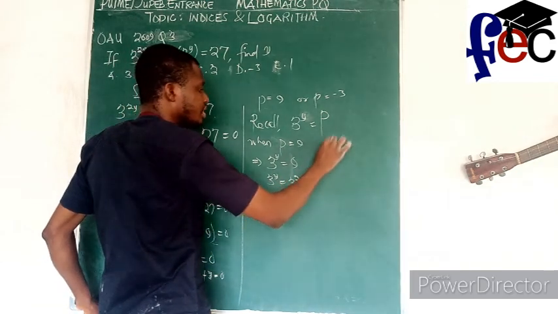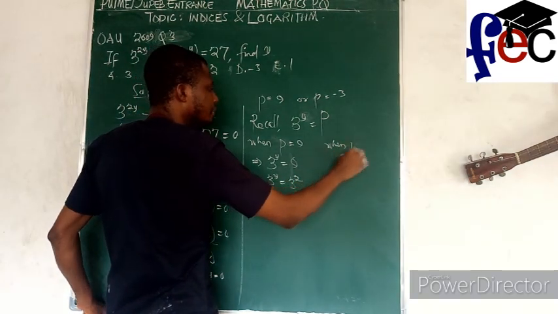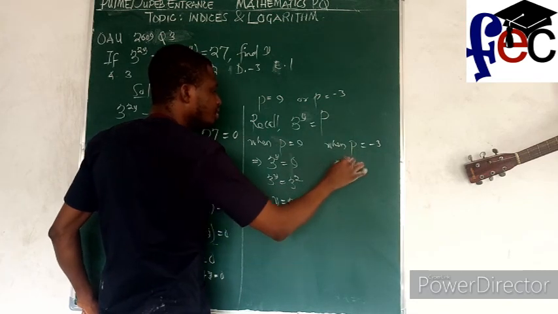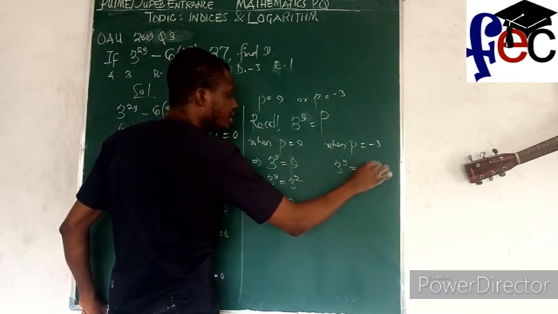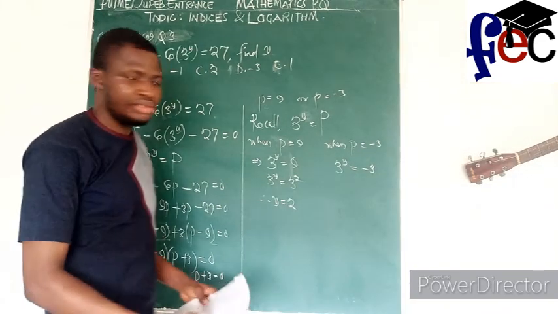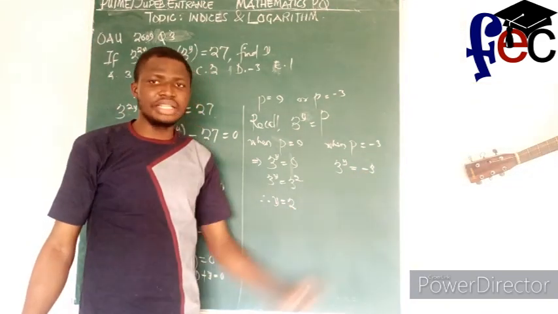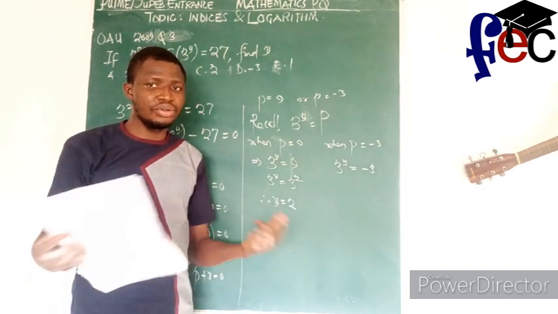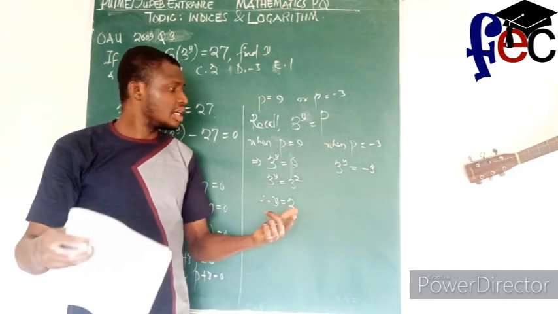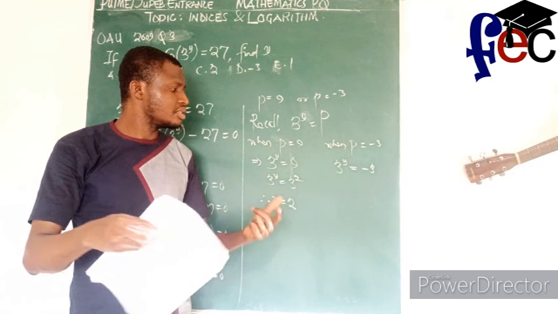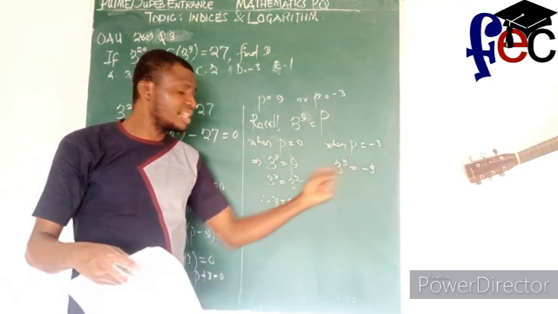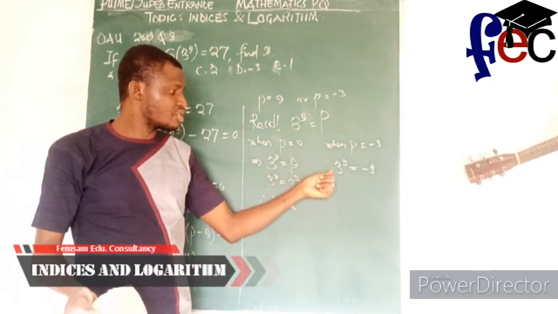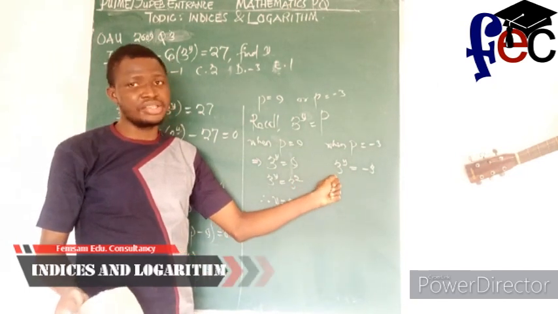Now, on the other hand, when p is equal to what? Minus 3, what can we say? 3 raised to power y equal to what? Minus 3. And you realize that I cannot write minus 3 as an index notation where the base is going to be 3.